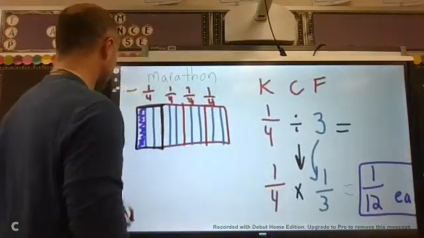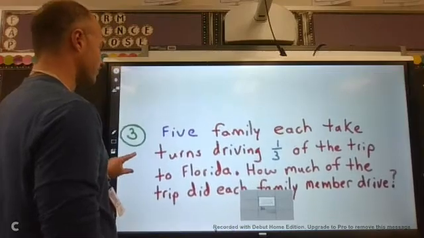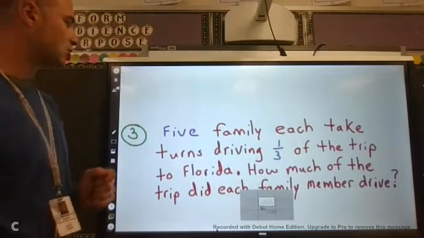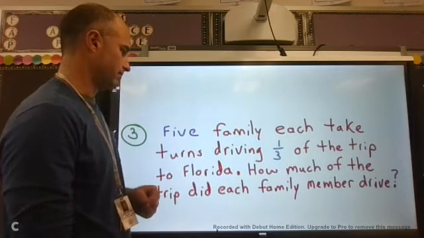Let's move on to question 3 now. 5 friends each take turns driving 1/3 of the trip to Florida.